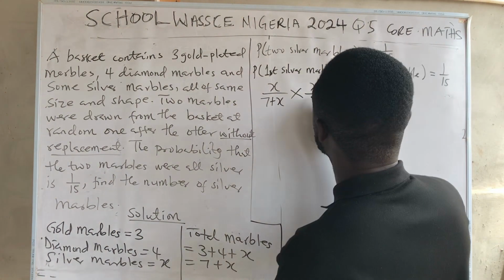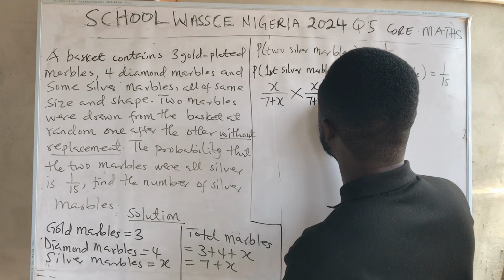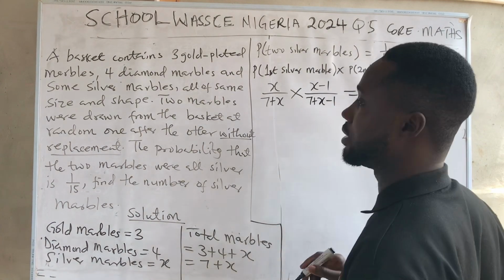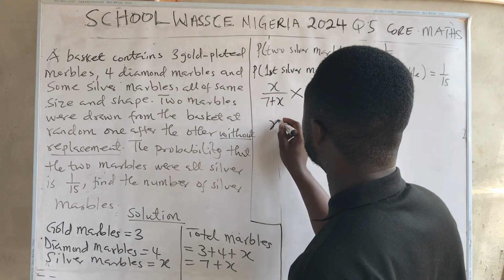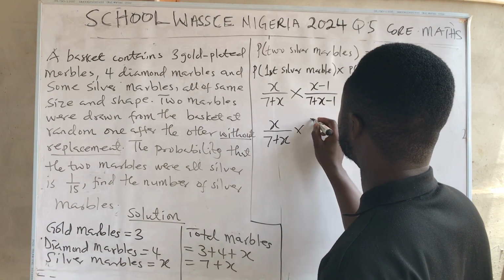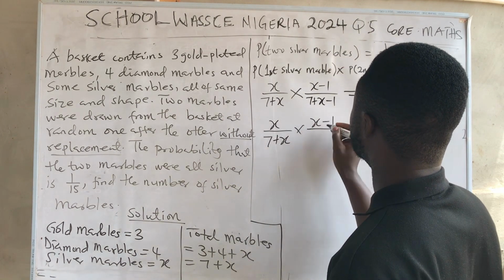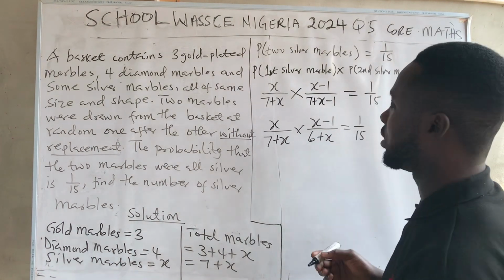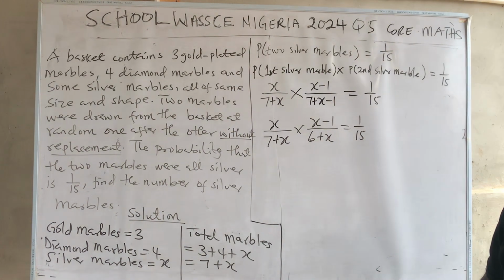So the total will be 7 plus X minus 1, and that will give us 1/15. All right, so that we have X over 7 plus X times X minus 1 over 6 plus X. That will give us 1/15. So this is what we have.